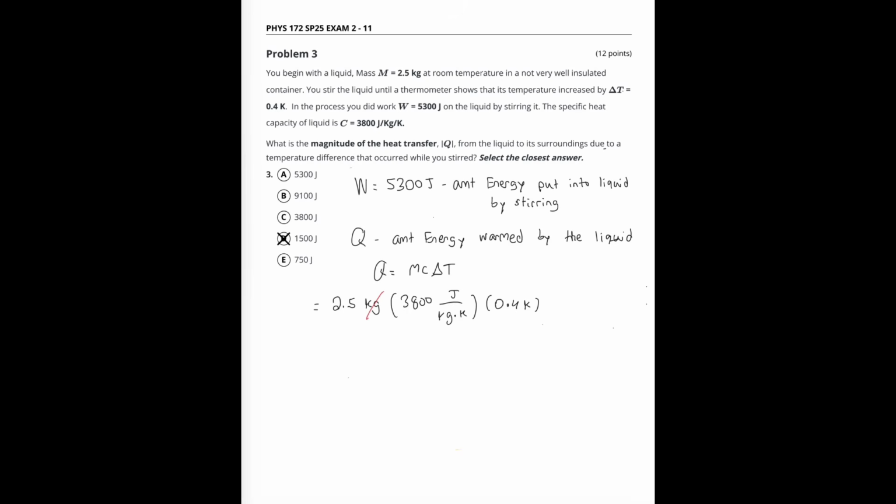So we cancel out our units. We will get our Q value is equal to 3,800 joules.